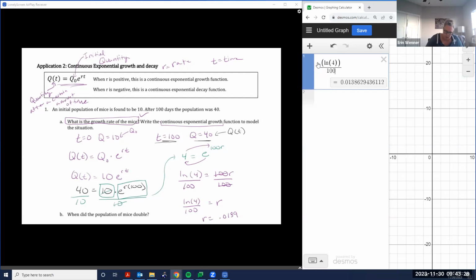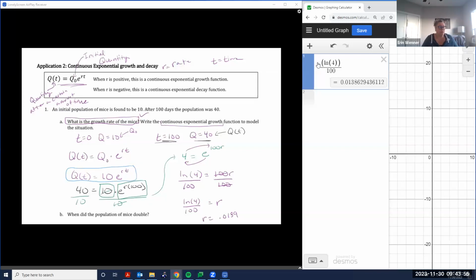So we have part of it right here. If you remember, we had already started with this piece right here. We had q of t equals 10 times e to the rt. And we can't have 2 variables in that exponent if we're going to evaluate the formula later. We need to only have 1 value. And so now what we can do is plug that 0.0139 in for r.